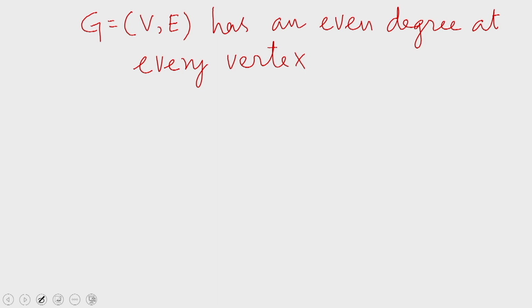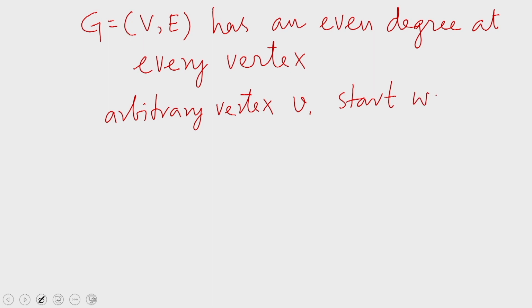So, we assume that G has an even degree at every vertex. So, let us say we start with an arbitrary vertex and start walking in the graph.